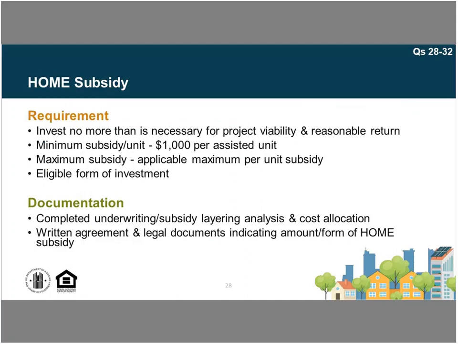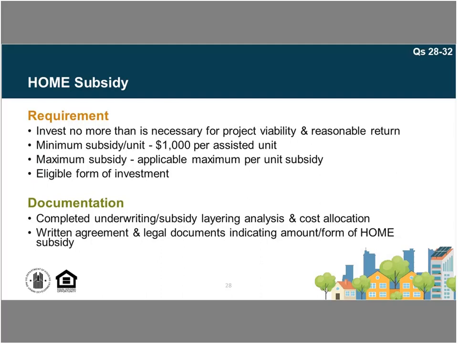And you want to make sure the form of investment is eligible. And the documentation for those would be obviously the underwriting subsidy layering analysis, which I'll talk about next, the cost allocation, the written agreements, and legal documents that indicate the amount and form of the HOME subsidy.